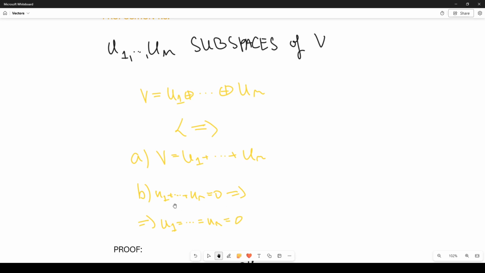So the only way to express 0 as a sum of vectors from our corresponding subspaces is to have all of these vectors be equal to 0. So 0 needs to have only this representation. And if these two conditions hold, well, then V can be written as a direct sum of the subspaces.